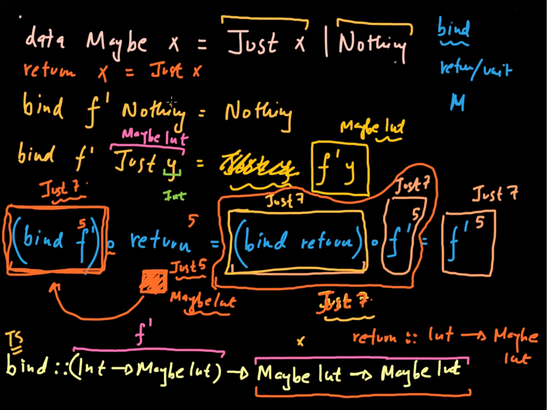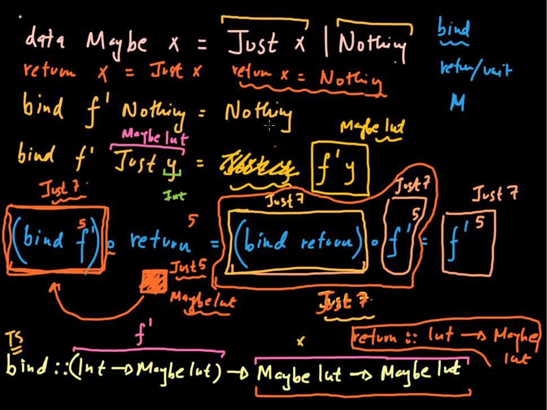This implementation is in complete sync with the type signature there, but an implementation of return that gives nothing is not going to be in sync with this monad law that I've just proposed. This is the reason why return x should be just of x, and that other piece is incorrect.